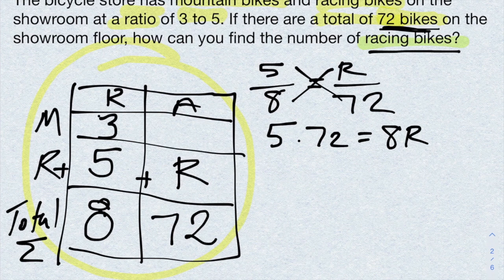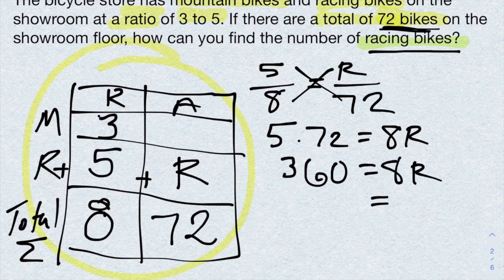And using my math skills or my calculator to speed things up, 5 times 72 gives me 360 equals 8R. And then to get my 8R by himself, I divide both sides by 8. So 360 divided by 8 gives me R.